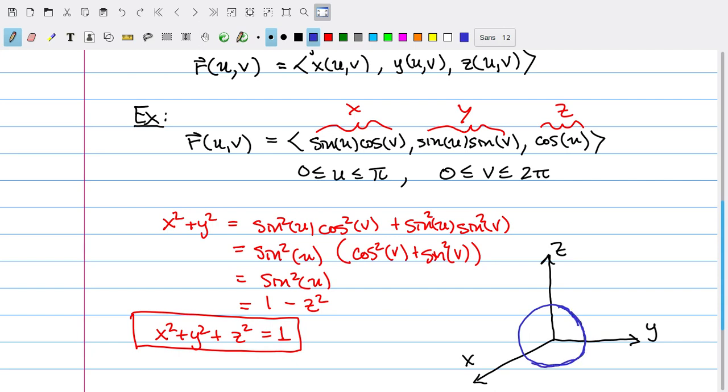And what this says then is that the surface that I'm drawing is going to have to lie on the surface of the sphere. It doesn't necessarily have to be the whole sphere. We don't know that yet.